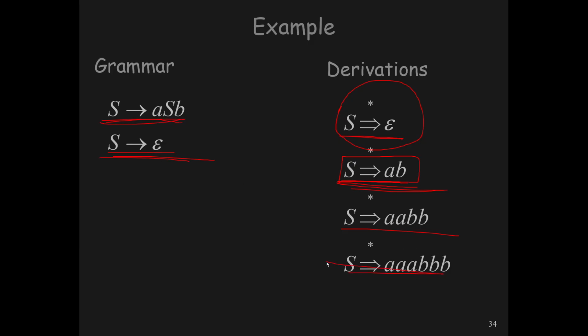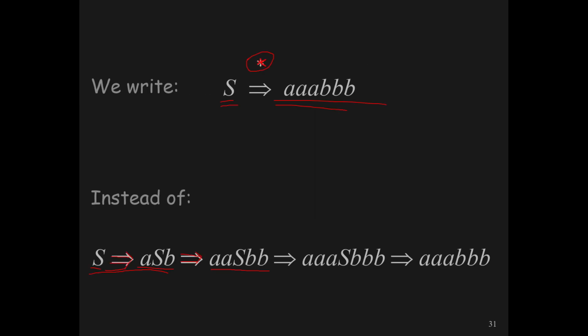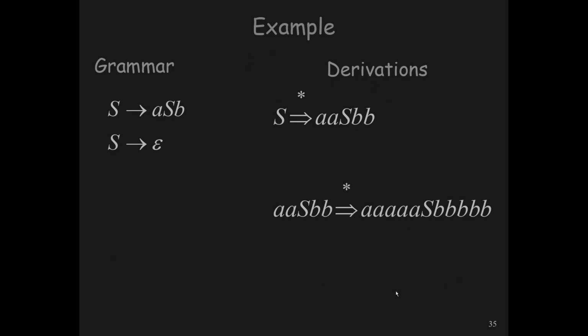And for this one, you apply the first rule 3 times and then the second rule. So all of these are kind of shorthands instead of having to write the entire derivation. Okay. Moving on. On the left side here, you can have a sentential form as well, obviously.